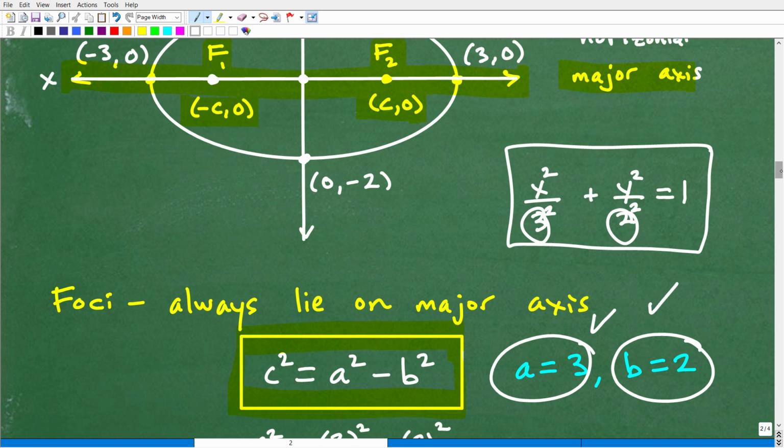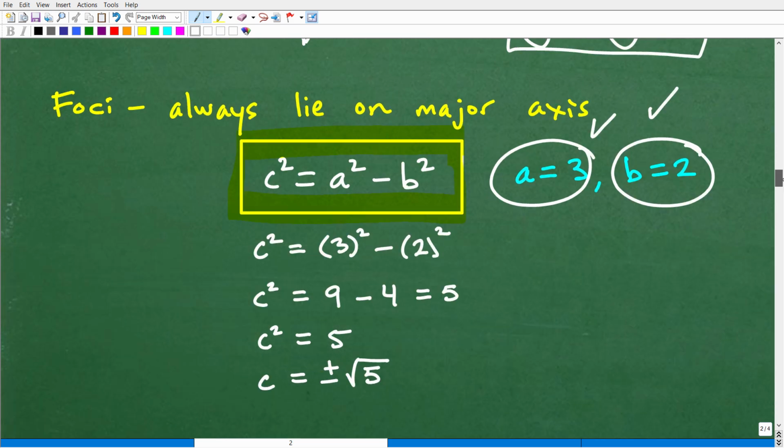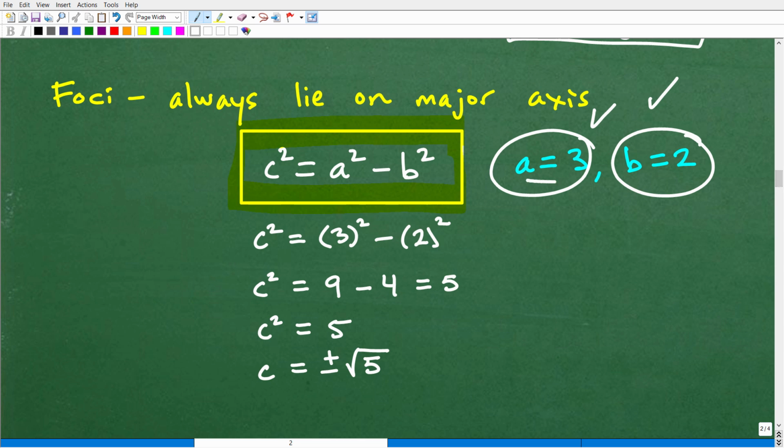So we have to have the equation of the ellipse in order to find the foci. We're literally just going to plug in a and b and solve for c using this formula: c squared is equal to a squared minus b squared. So c squared is equal to 3 squared, which is a squared, minus 2 squared, which is b squared. So c squared is 9 minus 4, or 5.